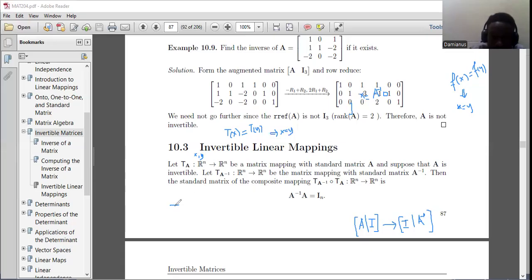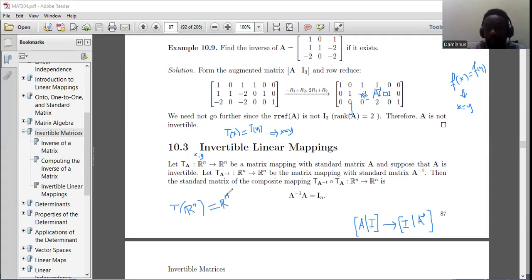T applied to the whole of Rn: anything you pick that you are mapping, applying T, it turns out to give you Rn. Why Rn? Because of the map we have in here. If T applied to the whole of this gives you Rn, then T is onto.